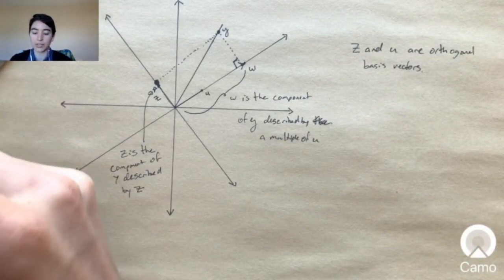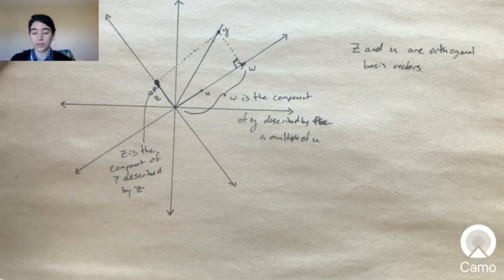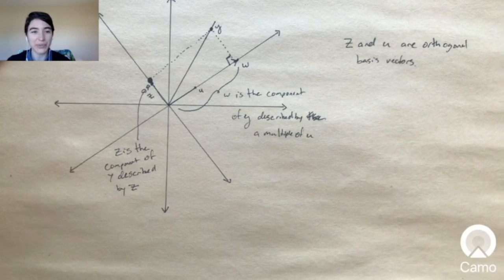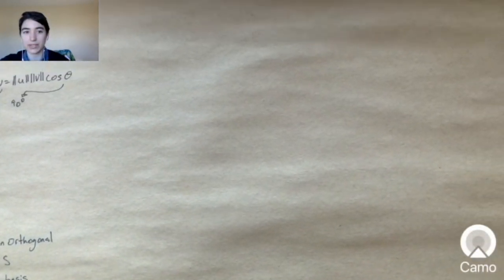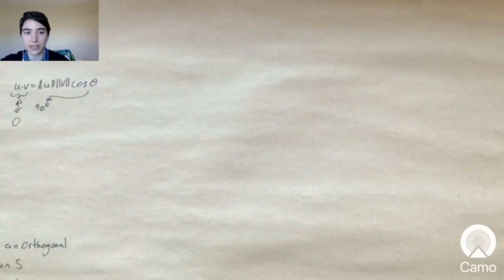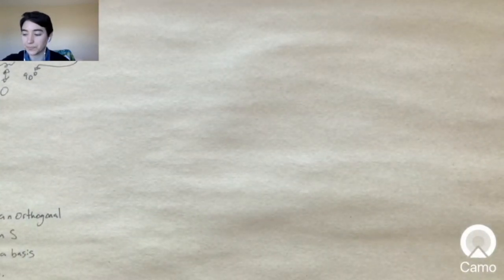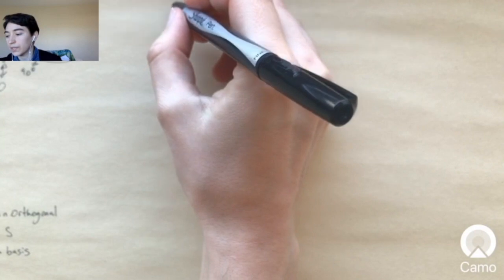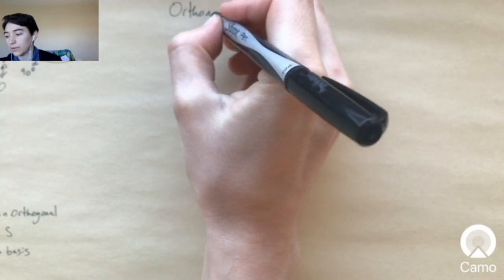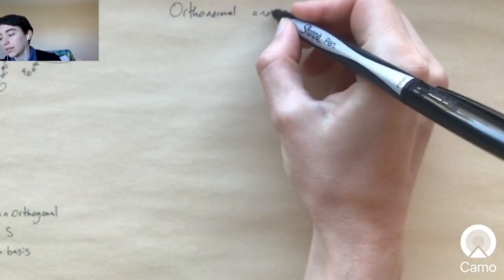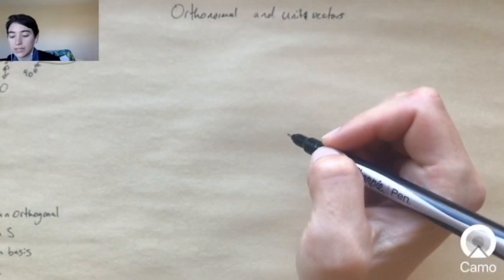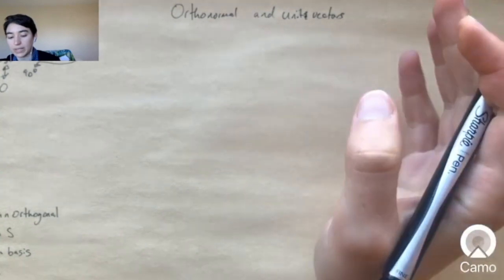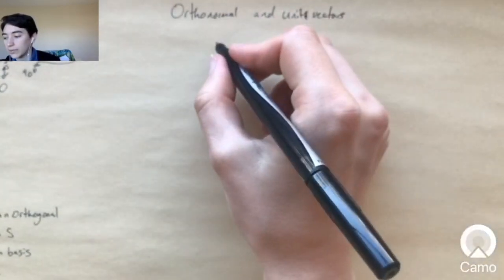Now I'm going to take a moment to talk about unit vectors because we just saw one, and it's important to know what we're working with. So let's go up here and have a moment to talk about unit vectors. This is actually going to be about orthonormal. A unit vector is a vector with length or magnitude or norm of 1. So write that out.